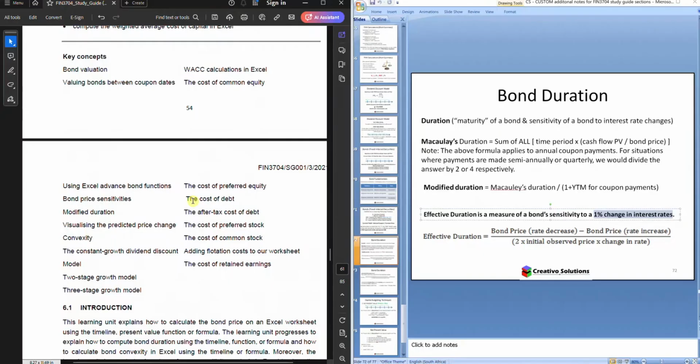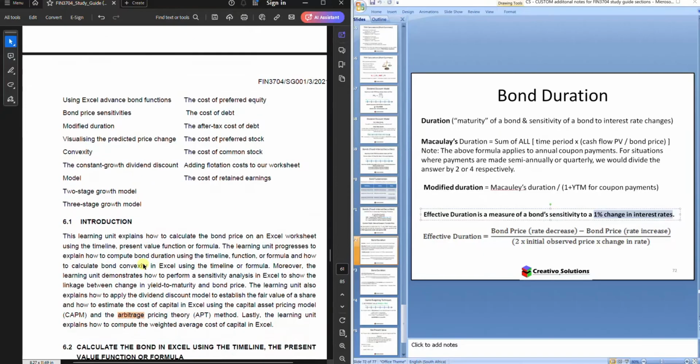So if your view is the market is undervalued, then you might say this is a good opportunity to buy certain bonds. And if we expect interest rates to fall, then we would expect the bond prices to rise. Then we would say, well, duration, convexity, we should get exposure to more sensitive bonds, if that's the expectation. So it's always based on a calculation.